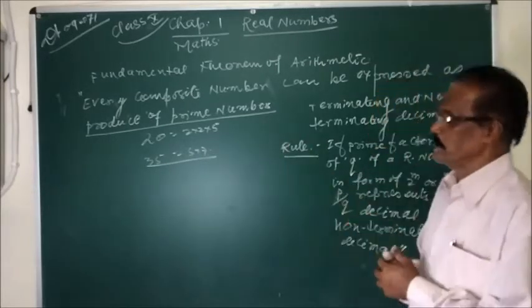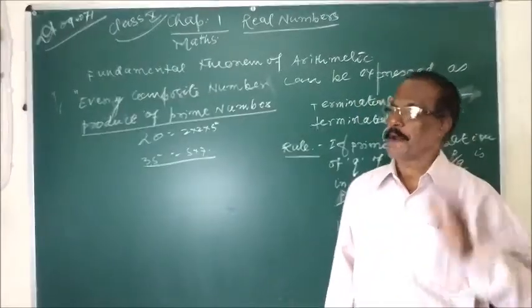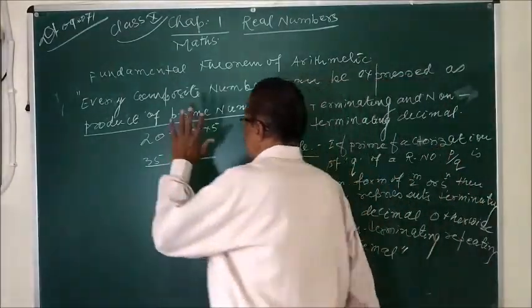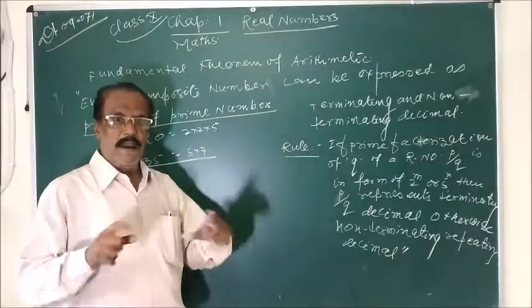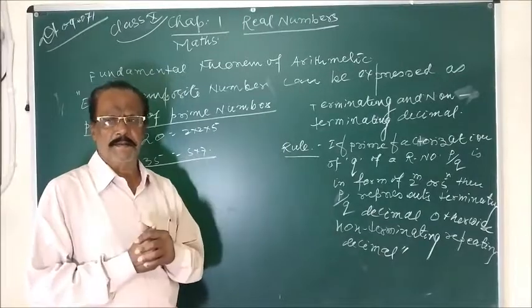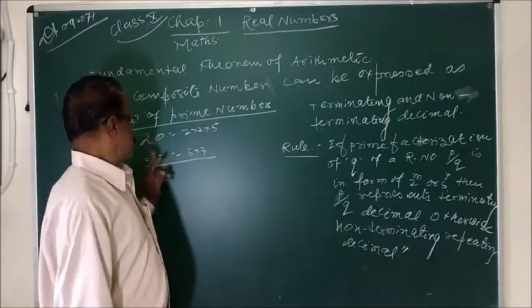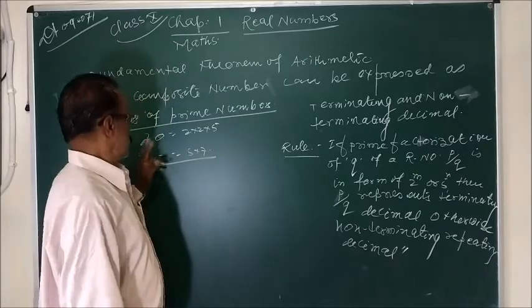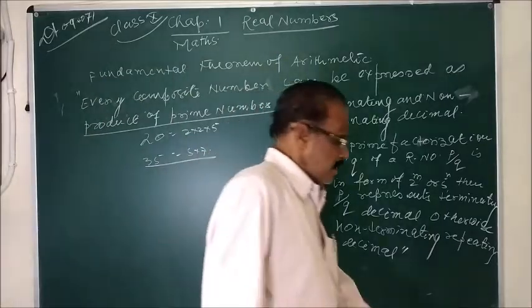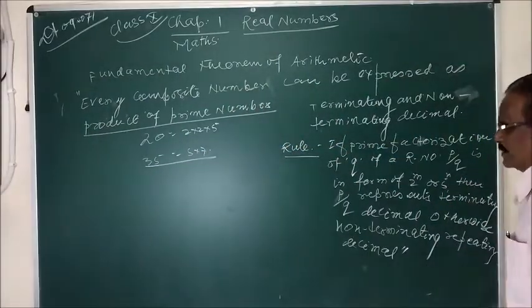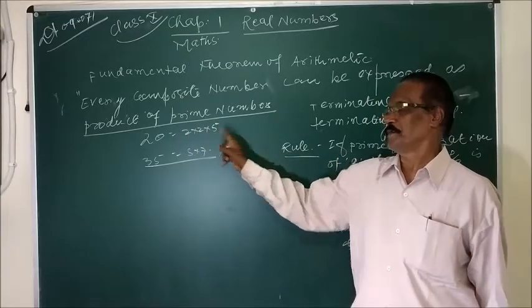And prime numbers you know very well, the numbers which have only two factors. So every composite number can be expressed, you can express every composite number as a product of prime numbers. Suppose two examples before you. 20 is a composite number. If I ask you why, because it has more than two factors. The prime factors are 2 into 2 into 5.